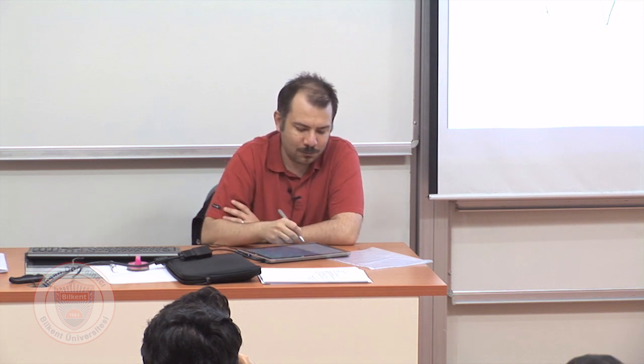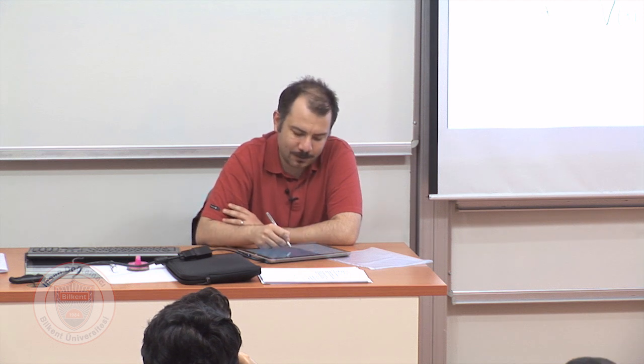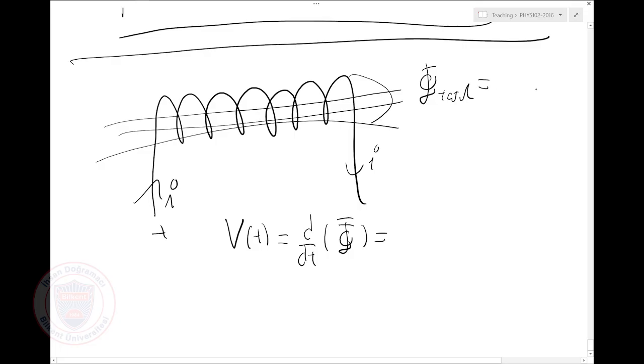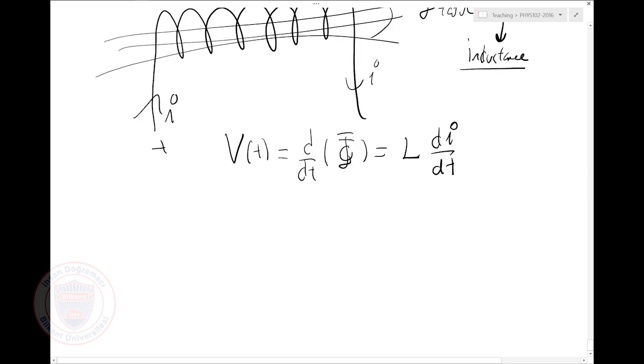So in other words, potential as a function of time across this device will be d by dt of phi, and phi total will be proportional to the current passing through this inductor, and the proportionality constant was called inductance. All right? So this is going to be L times di dt.